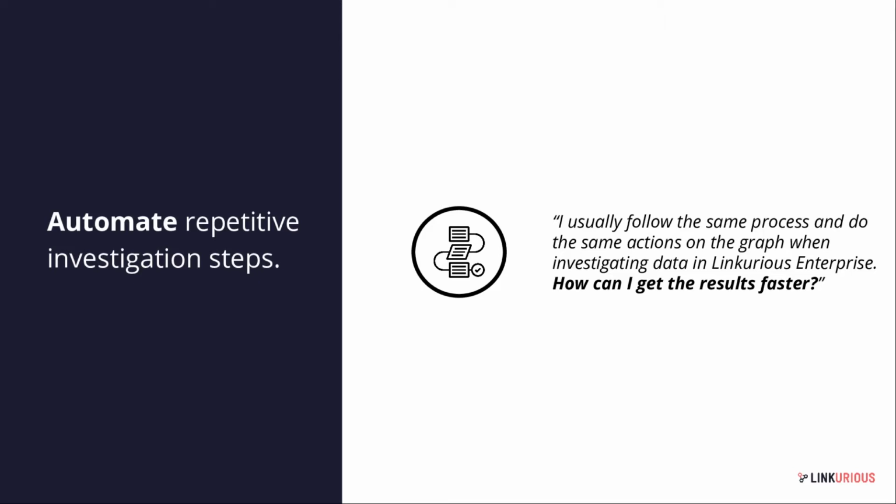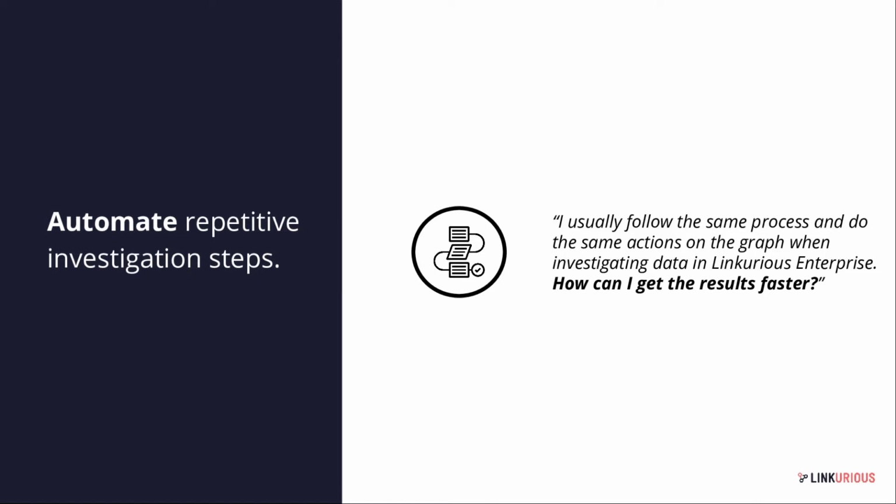And let me give you a few examples. To start with, we are going to see how we can automate repetitive investigation steps. Let's say we are analysts working in the social benefit service of a country. We know that we are fighting rings of fraudsters, and we know the kind of relationships we are looking for, typical of these rings of fraudsters.